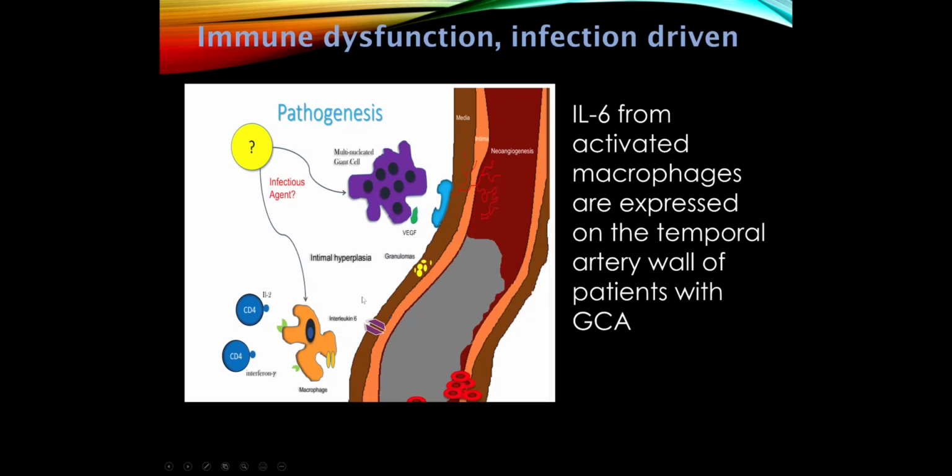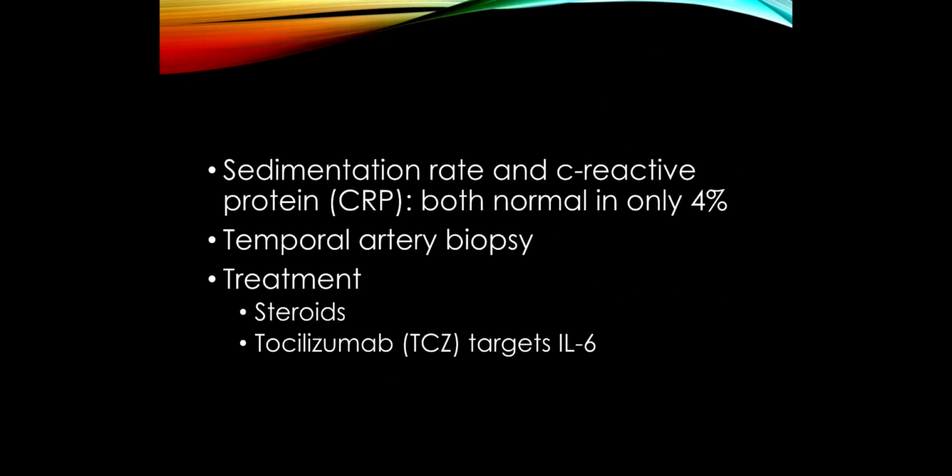So what happens is we develop this IL-6 on the blood vessel wall here of the temporal artery. Okay, so that seems to somehow be involved in the pathogenesis, and that's supported by a medication that acts on IL-6, which I'll talk about in just a minute.